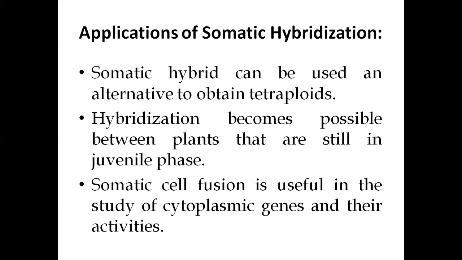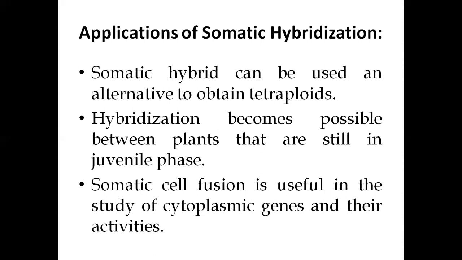This is regarding the application of the somatic hybridization. So this somatic hybridization is a novel technique where the hybridization is possible between the species or between the genera. Respectively, they are called interspecific somatic hybridization and intergeneric somatic hybridization.